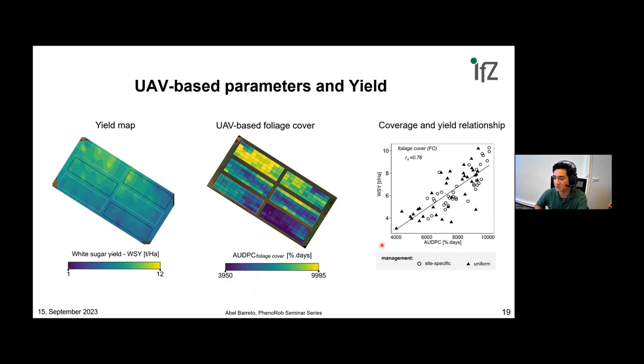This is telling you that heterogeneity in the field is one important factor for the yield, not just the disease spread. This correlation is also independent of the fungicide management, whether it is site-specific or uniform.